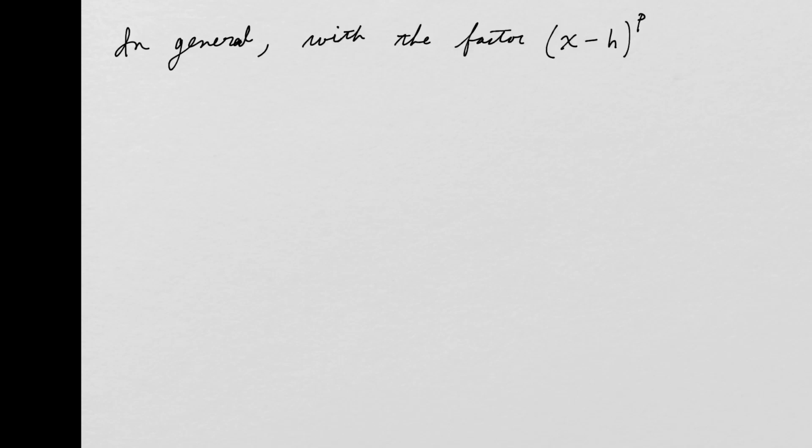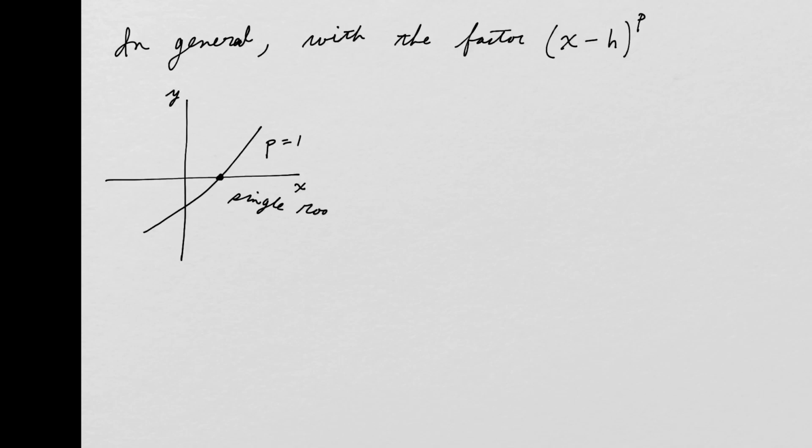If p is equal to 1, something like this, let's say at that root, it's a single root. This would be an example of p equals 1. So it would be a single root. And what does it look like near that root? The graph looks like a line.